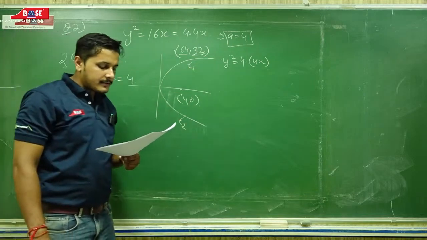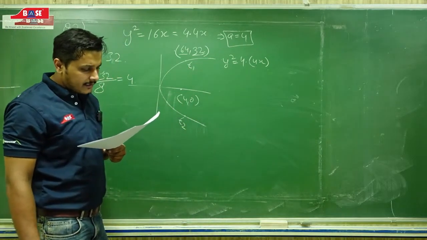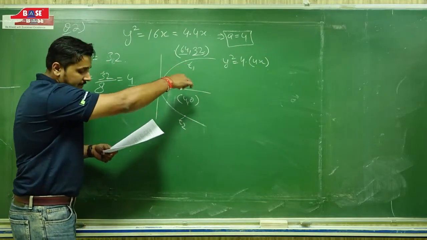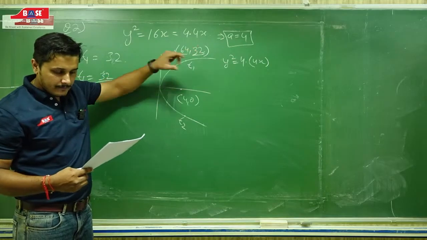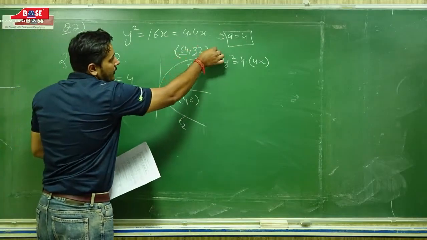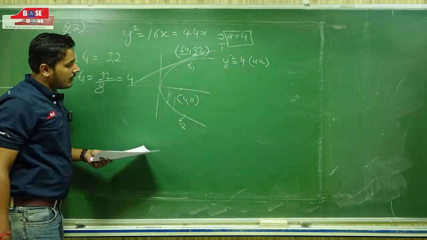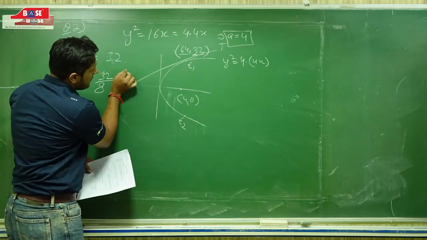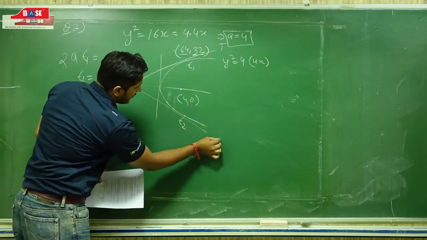Further in the question, they are saying this is L point. No, this is not L point. Let T be a tangent, and L is another tangent to this parabola, and L and T are perpendicular. This is T. The tangent, if I am drawing over here, the name of the tangent is T. At T2, if I am drawing a tangent, if it is intersecting here, let me draw it here.